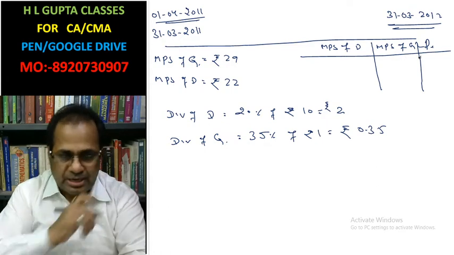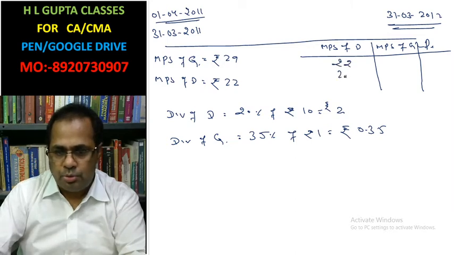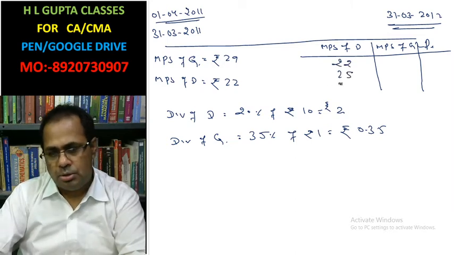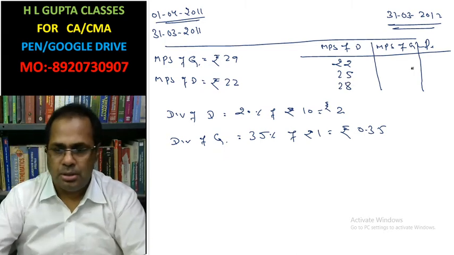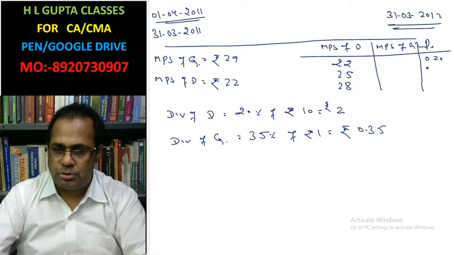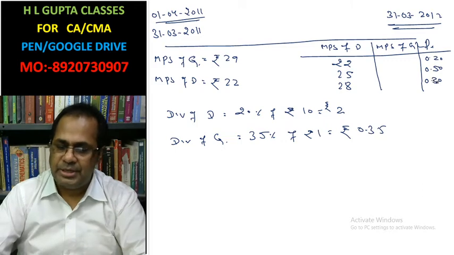So what is the market price? This is 22, 25, 28. What is the probability of this market price? It is 0.20, 0.50, 0.30. This is given in the question.